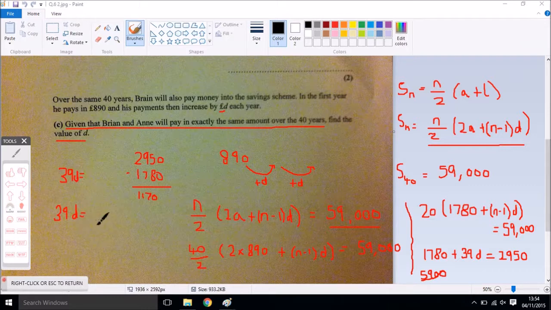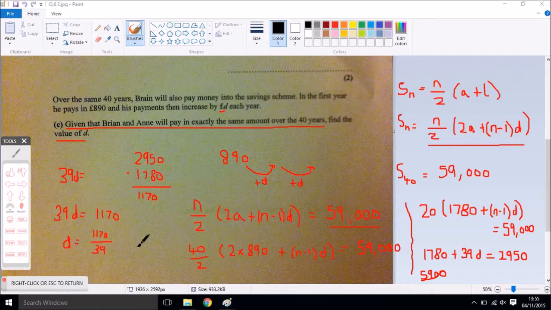So 39d is equal to 1,170, and then you just need to divide through by 39. So 1,170 divided by 39. The way to do this is to go up in your 39s, or maybe go up in your 40s instead.